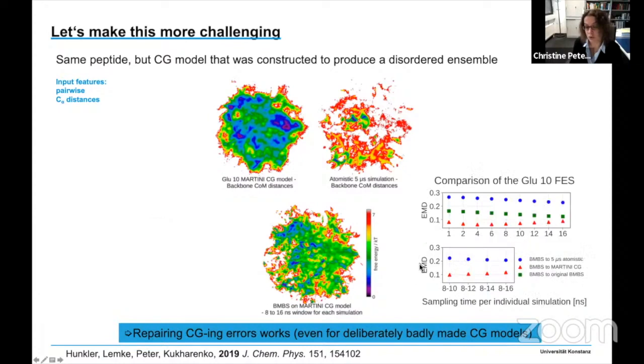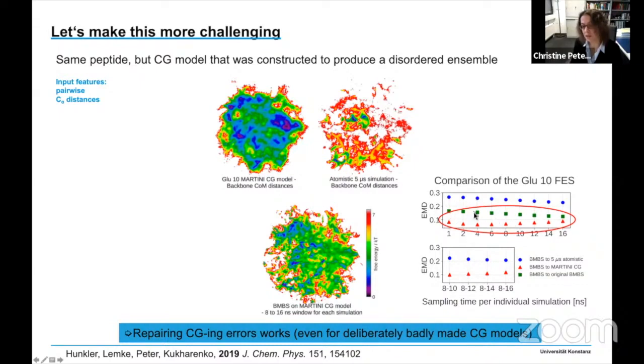You could also look at this with, again, our Earth mover distances so that you can see here. So you should look at the backmapping-based sampling, so this new backmapping-based sampling taking the coarse-grained model as a reference. Again, you first approach the coarse-grained map, so the Earth mover distances go down, but then they rapidly go up because you have to move away from this reference map to produce the map that corresponds to the atomistic Hamiltonian.